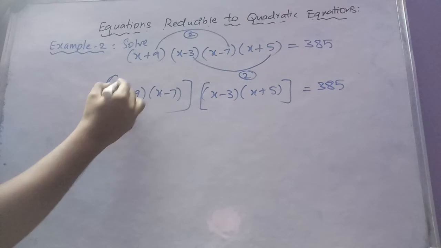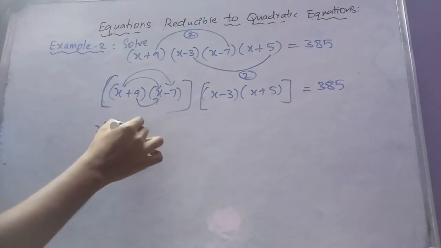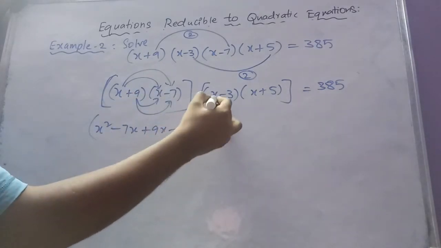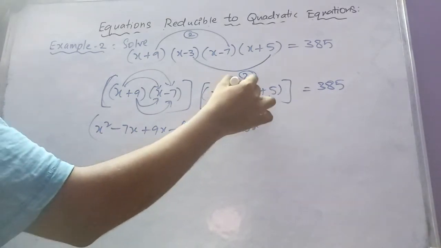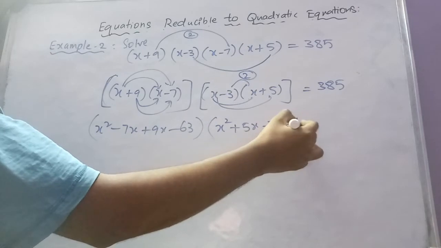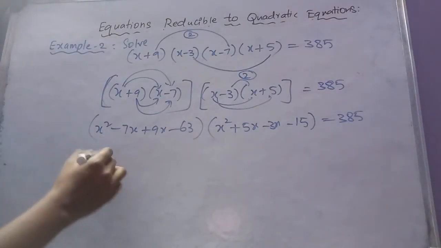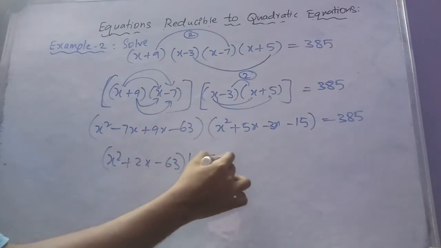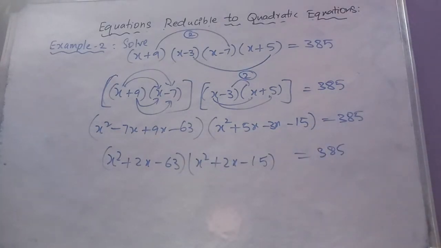So if you expand this, what will you get? x square minus 7x plus 9x minus 63 into again x square plus 5x minus 3x minus 15 equal to 385, right? So this is x square plus 2x minus 63 into x square plus 2x minus 15 equal to 385.